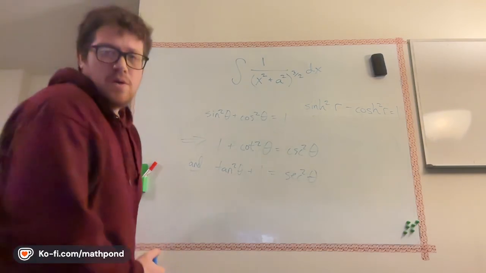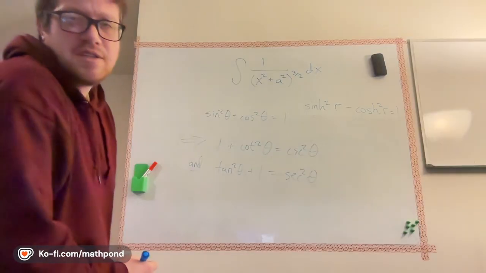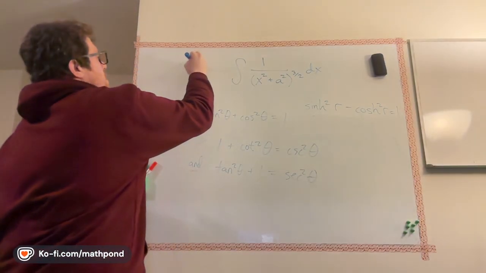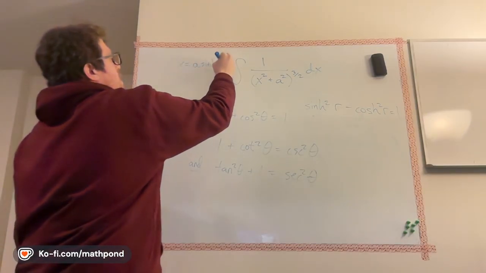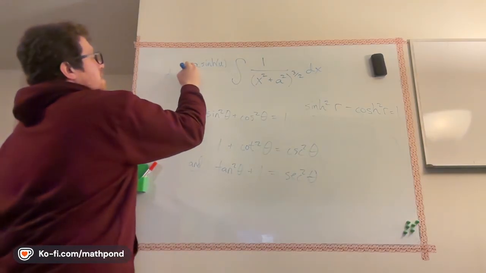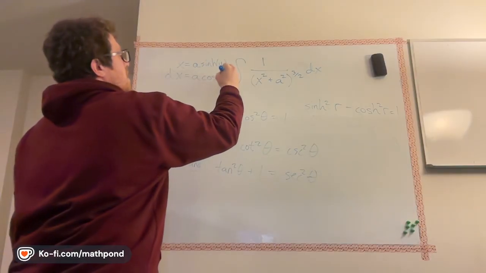The person in chat is saying we can do a substitution x equals a hyperbolic sine of u. So dx, I think, is a hyperbolic cosine of u.